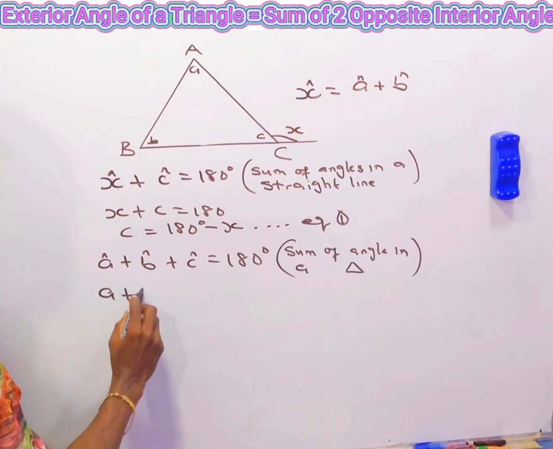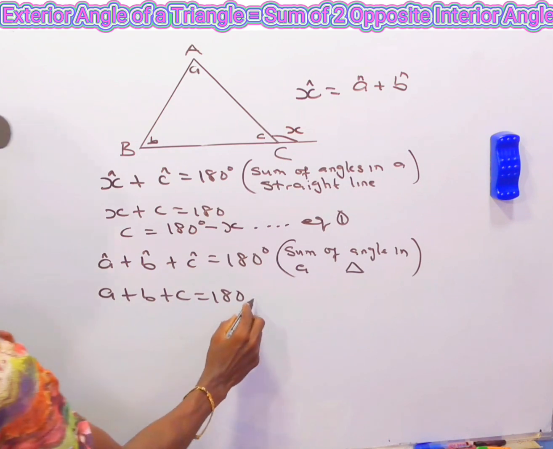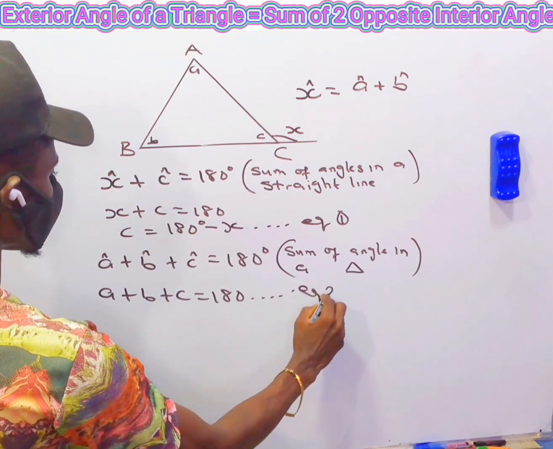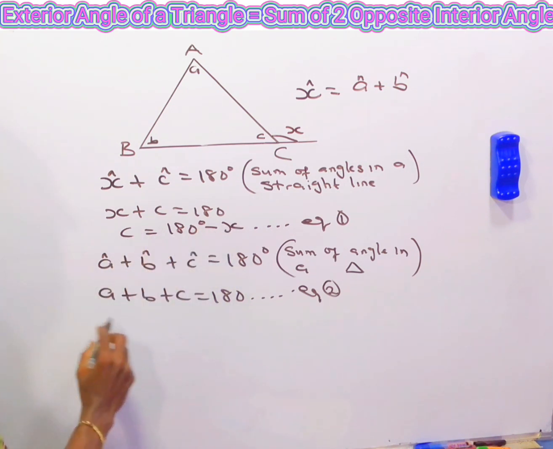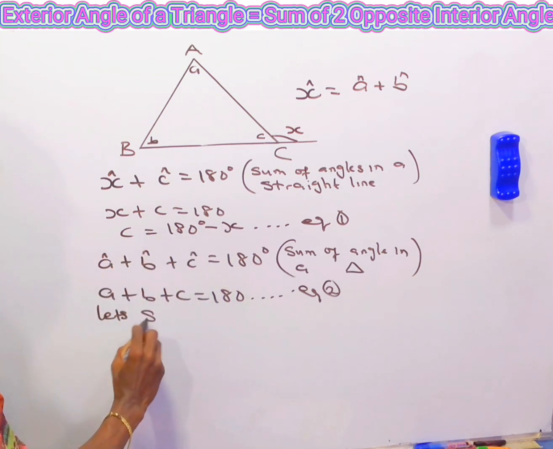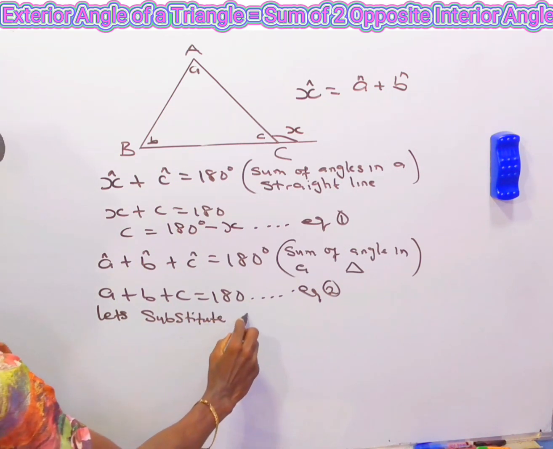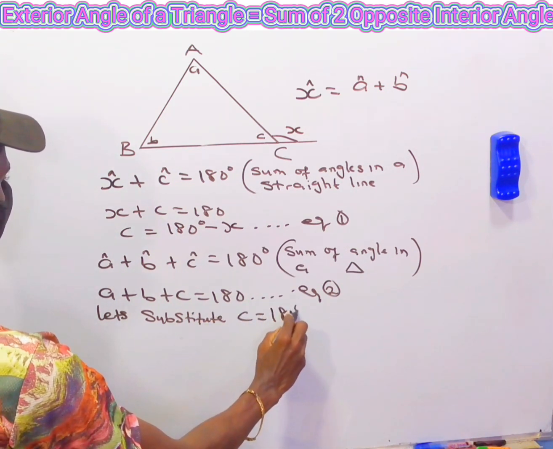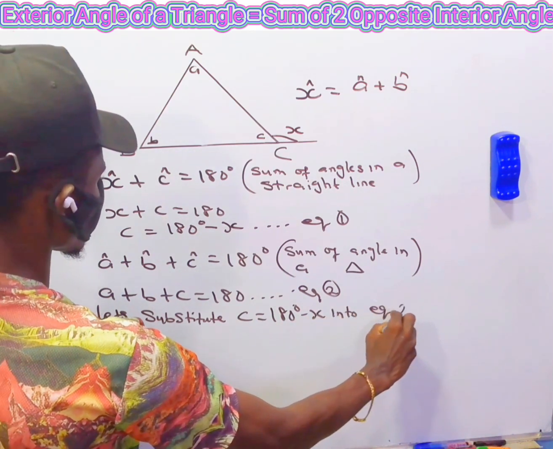Now from A plus B plus C equals 180 degrees, let's call it equation 2. However, in equation 1, we have C to be 180 minus X. So let's substitute C equals 180 minus X into equation 2.